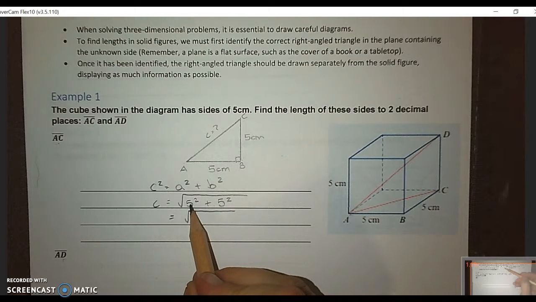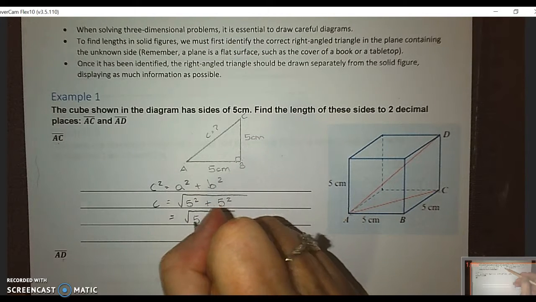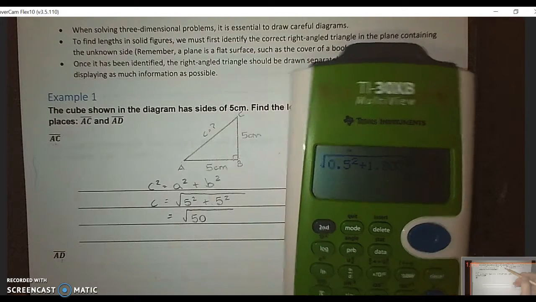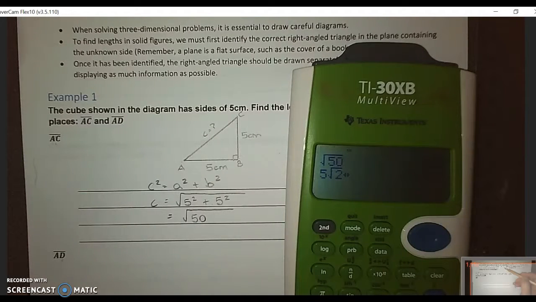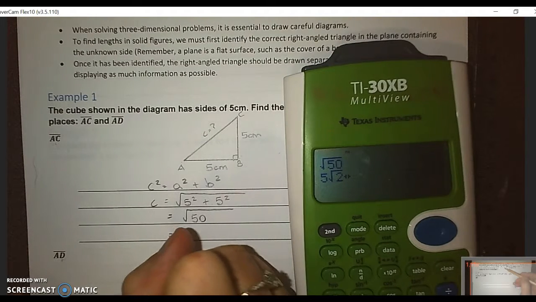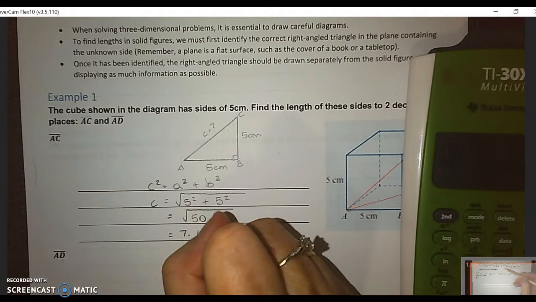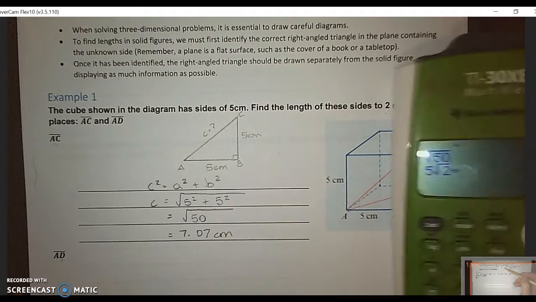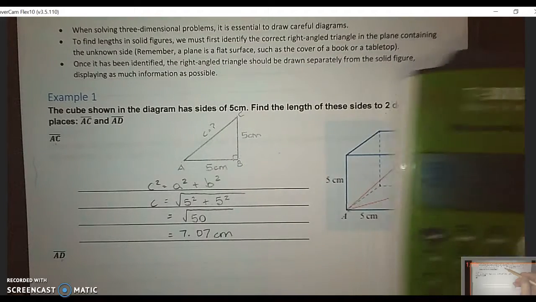Now 5 squared is 25, plus 25 makes the square root of 50. Now the square root of 50 is 7.07 centimeters, because it says to 2 decimal places.